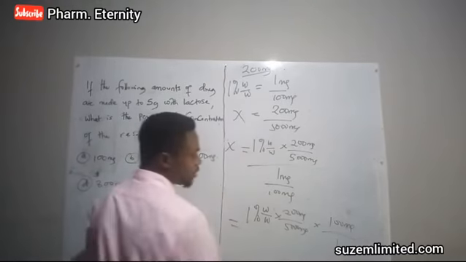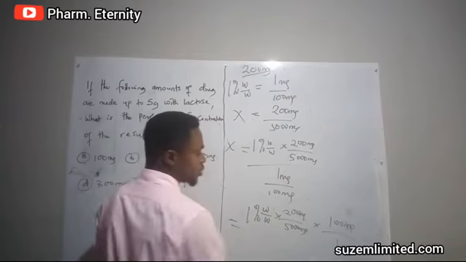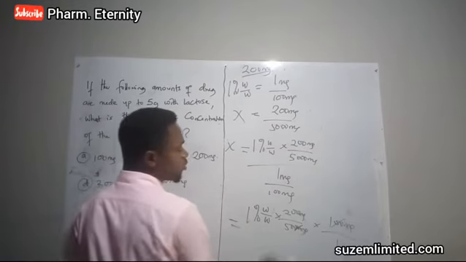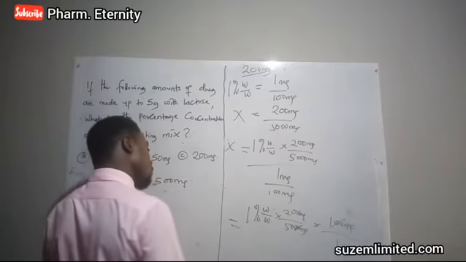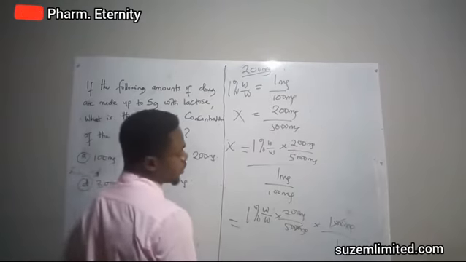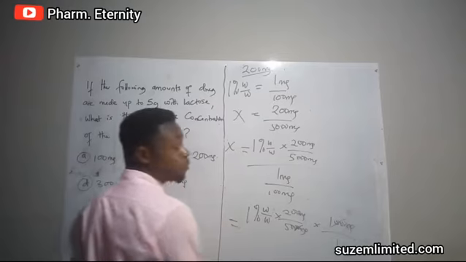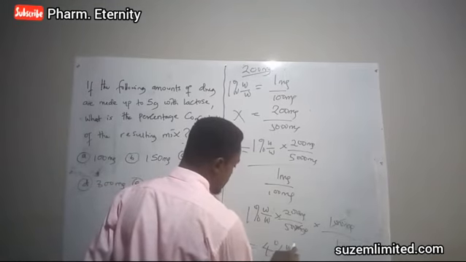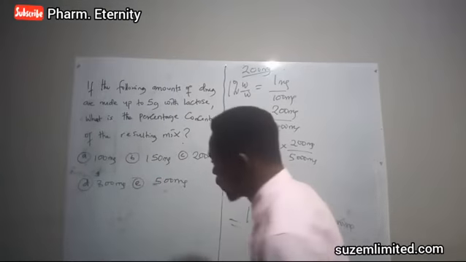So milligram will cancel out. 0 will cancel 20 here, remaining 50. 50 divided by 200 will give us 4. 4 times 1% weight per weight will give us 4% weight per weight.